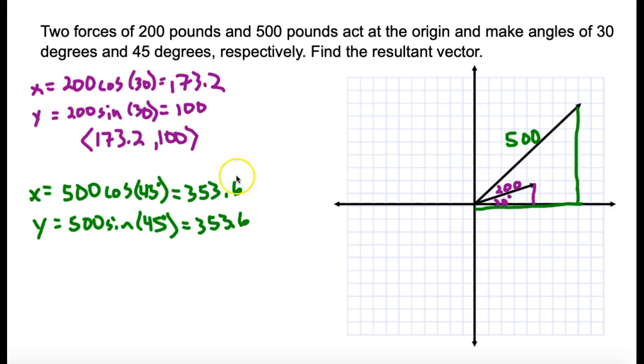Okay, so we can do a few things with this information. First, if I add the x components together and add the y components together, I will get the resultant vector.